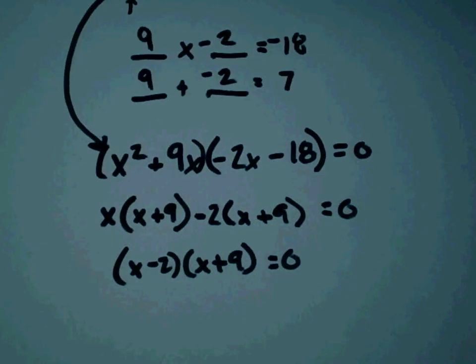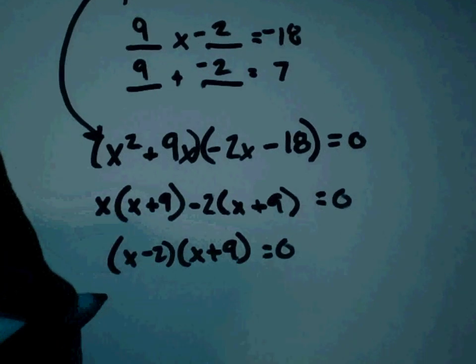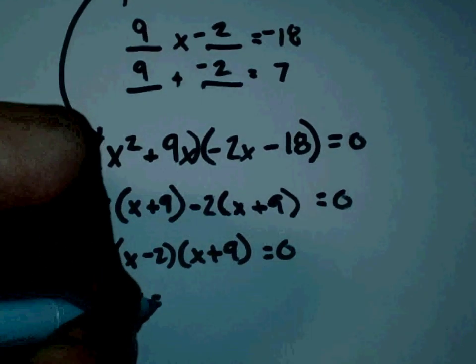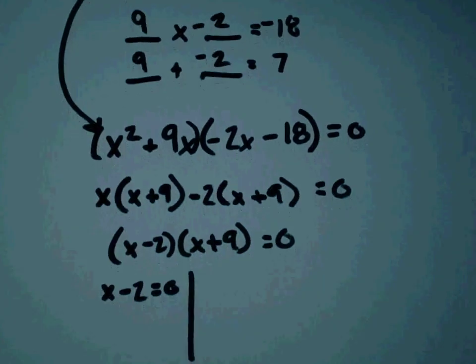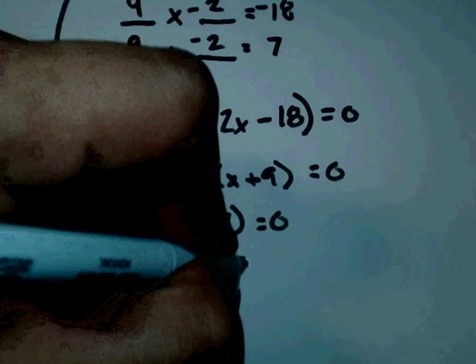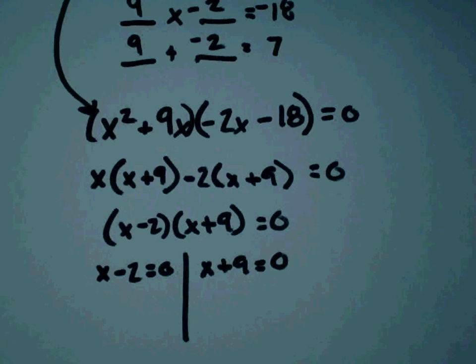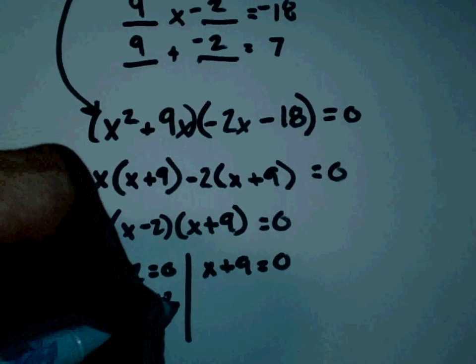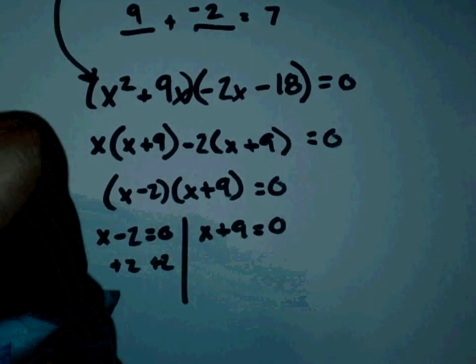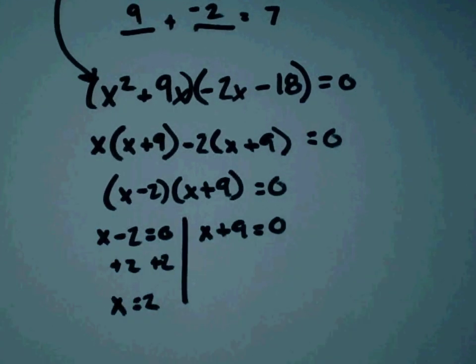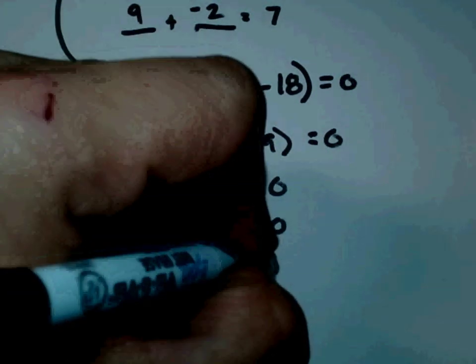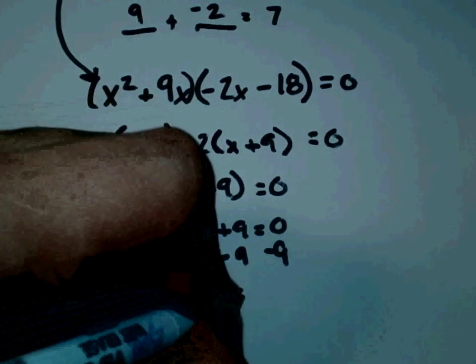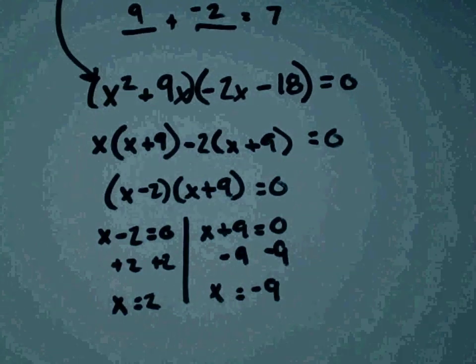And to solve, those zeros will be x minus 2 equals 0, and x plus 9 equal to 0. And so therefore, add 2, x equals 2, subtract 9, x equals negative 9.